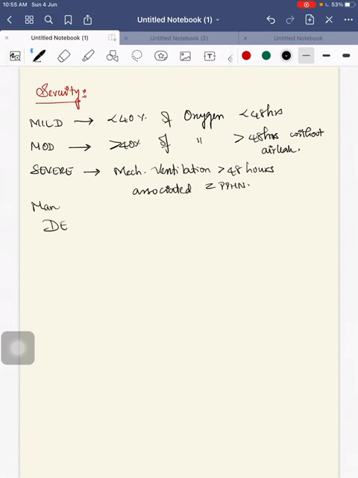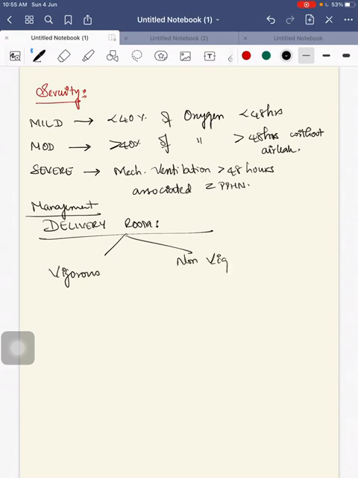So in the delivery room, I'll write the management here. In the delivery room, you should check whether the child is vigorous or non-vigorous. In a vigorous child, the child will be breathing well and the tone will be good.